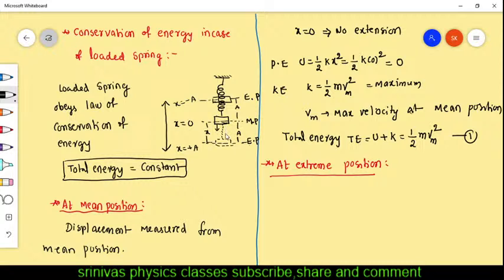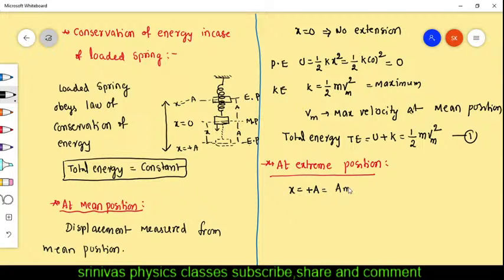While going from mean position to extreme position, this position to this position, mean to extreme, what happens? Velocity decreases, kinetic energy decreases. At extreme position, displacement becomes maximum, that is plus a or minus a.